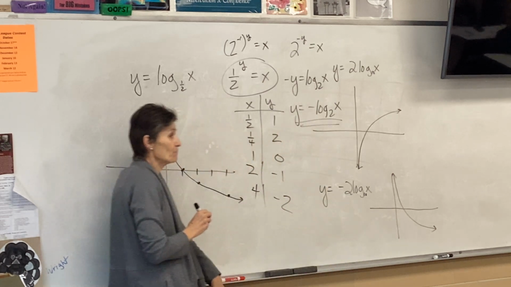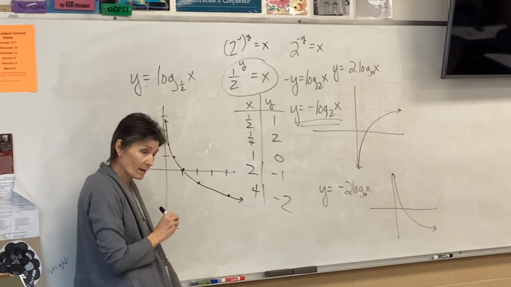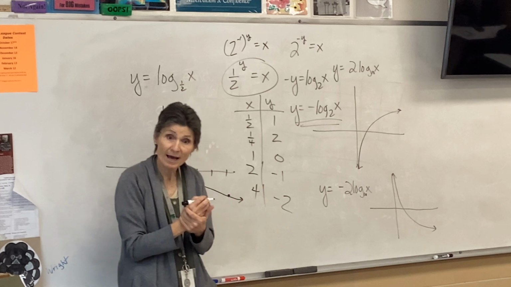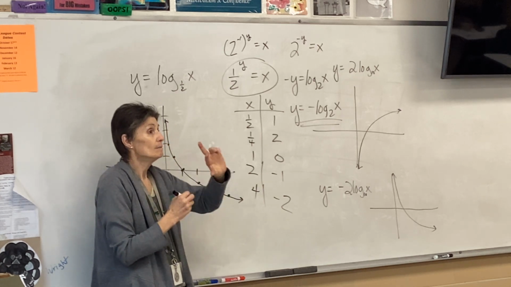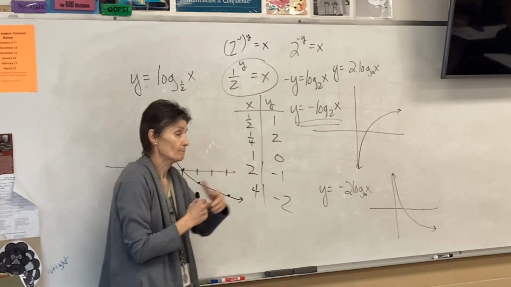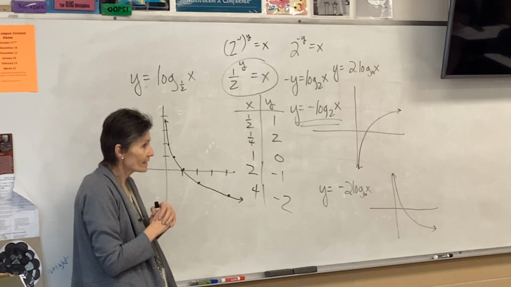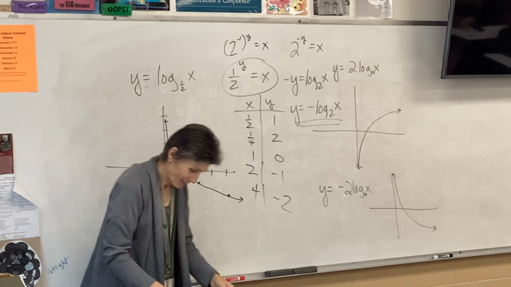So, if your base is less than 1, it's going to have the same graphical impact as making your curve negative, flipping it over. Is that not like one of the coolest things ever? I know.